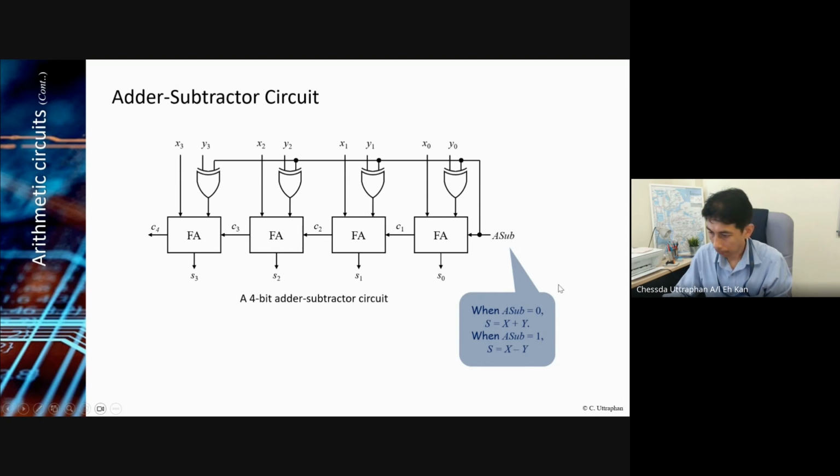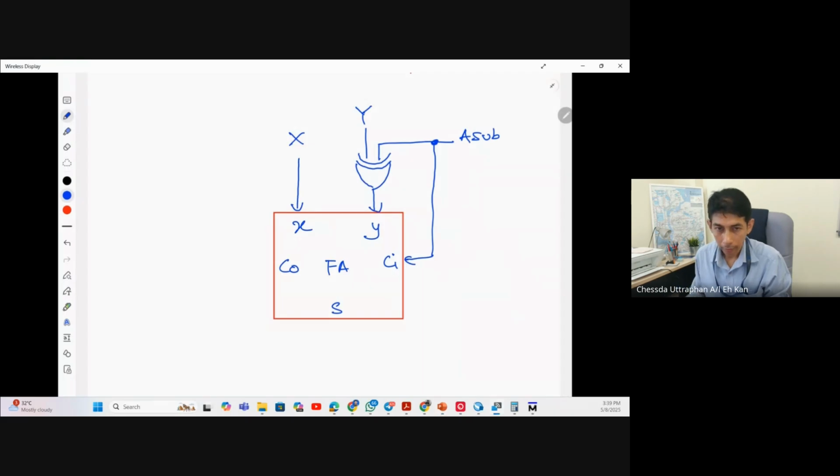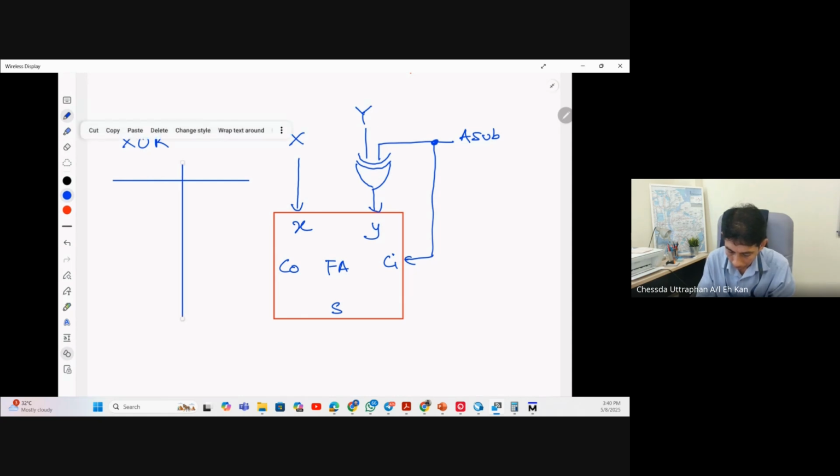Now this is XOR. Now let's have an XOR function and see the truth table of the XOR.